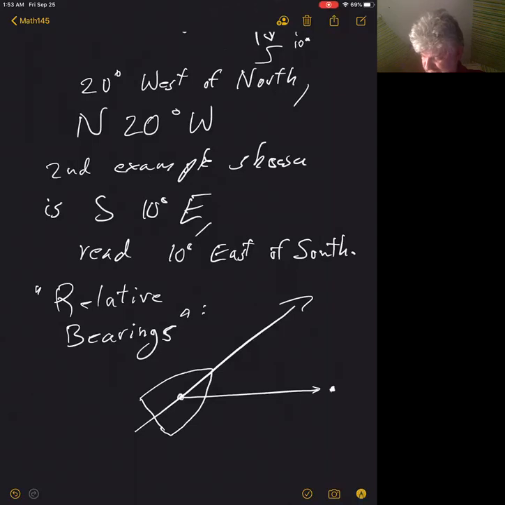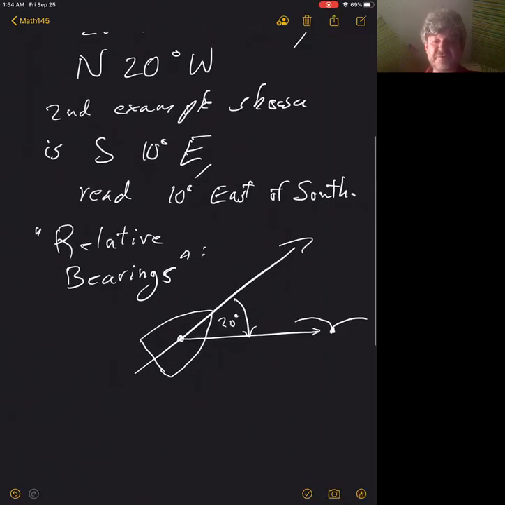Or the treasure island, I don't know. Let's say a seagull. And now you measure how much this is off from the direction the ship is traveling in. Let's say it's 20 degrees off to the right.